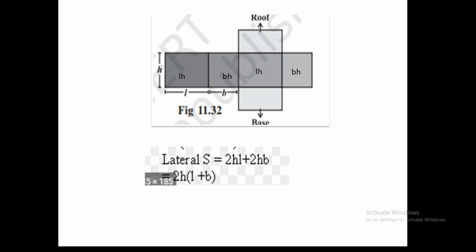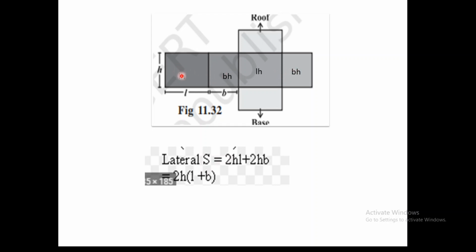Now we discuss the lateral surface area of a cuboid. Lateral surface area is just leaving these 2 faces, roof and base. That means if we consider a room, floor and ceiling will be removed, and the remaining area is the lateral surface area.